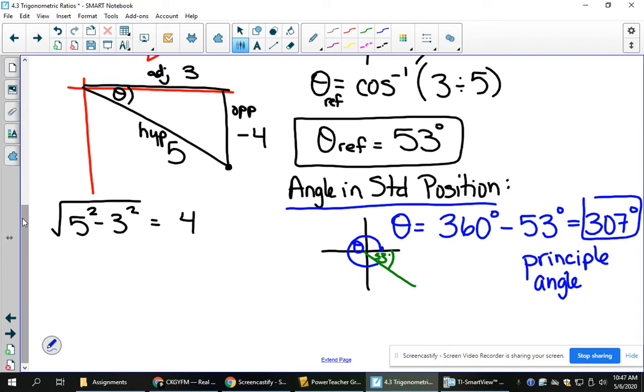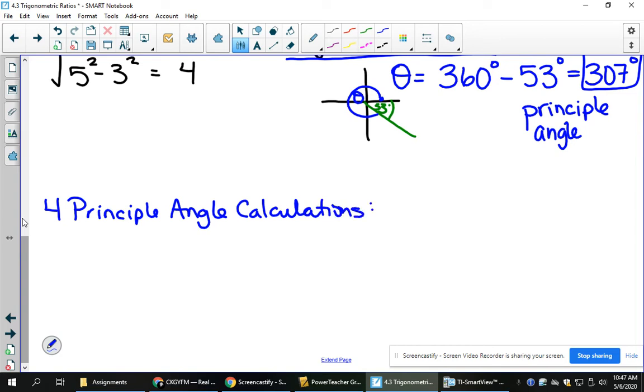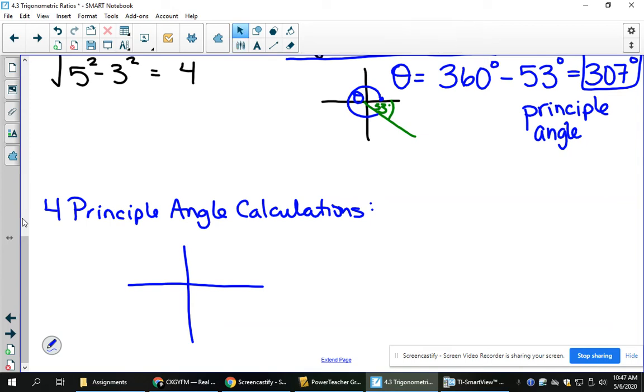Now let's review grade 11 trig and talk about the 4 possible calculations that you can do. So, depending on what quadrant we're in, finding our angle in standard position or our principal angle will be different calculations.